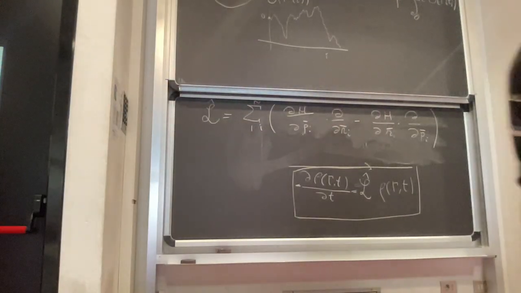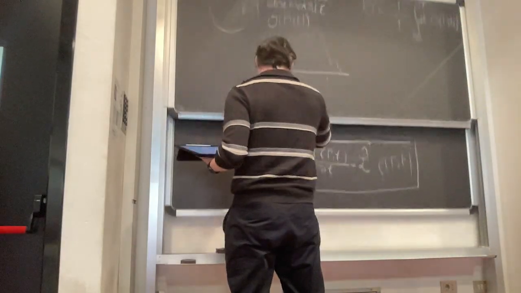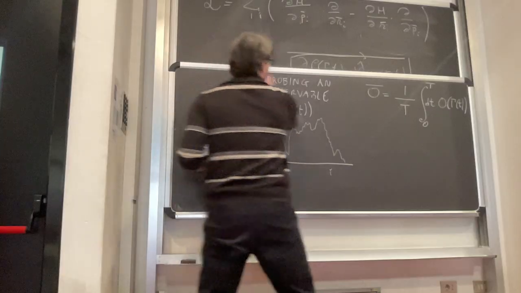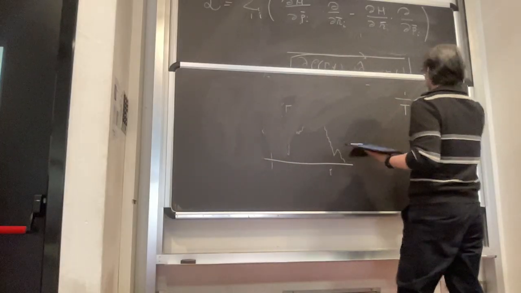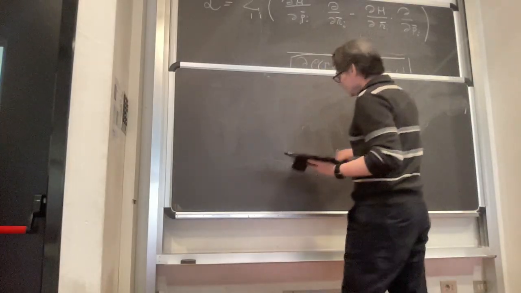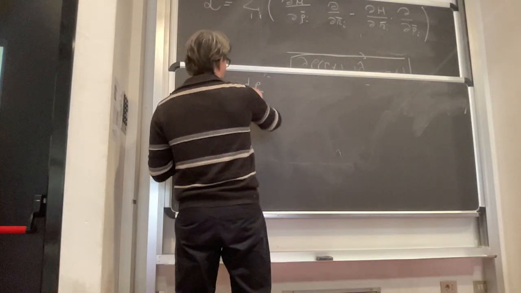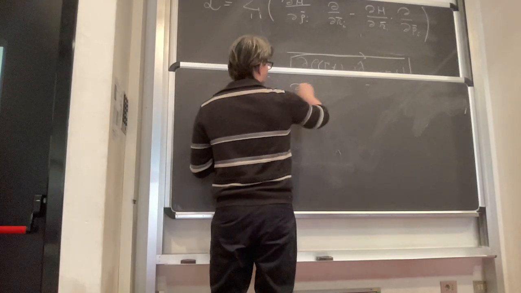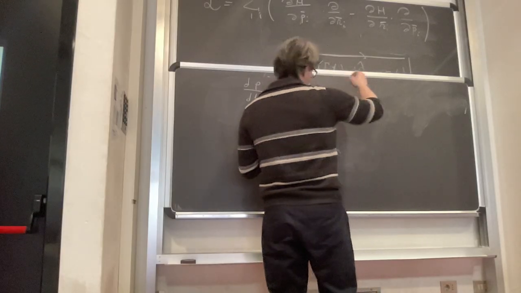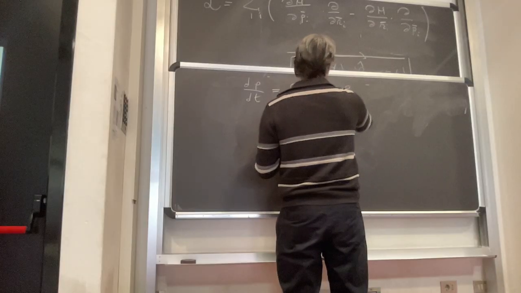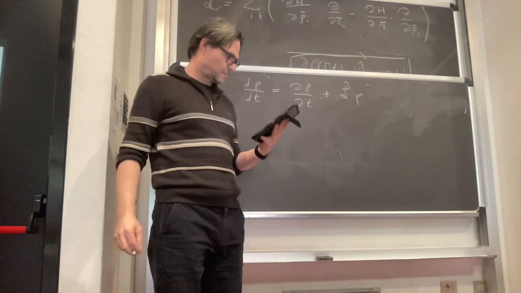So I think I can convince you that, just as much as we did the total derivative of rho with respect to t, and we wrote this as a partial derivative of rho with respect to t plus, negative the Liouville operator, if you want, the Liouville operator applied to rho, remember?